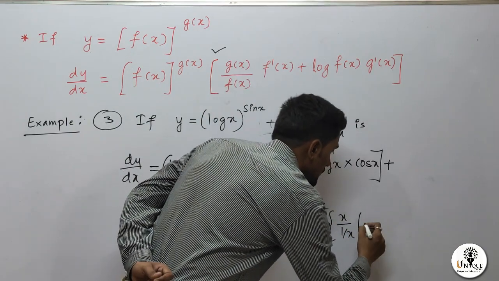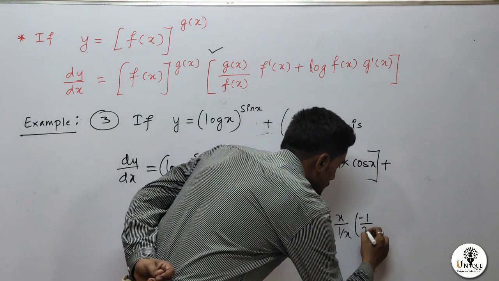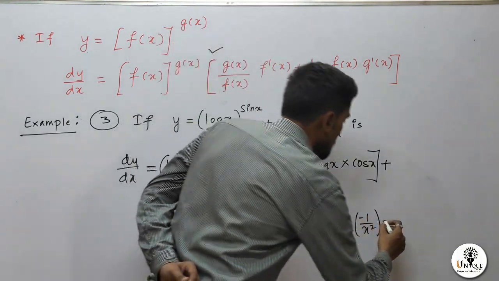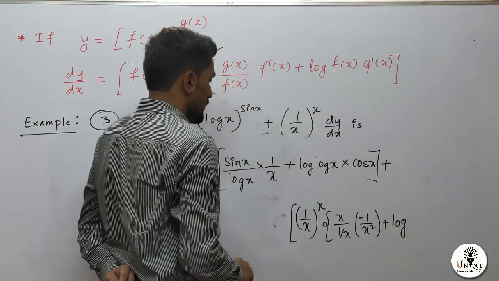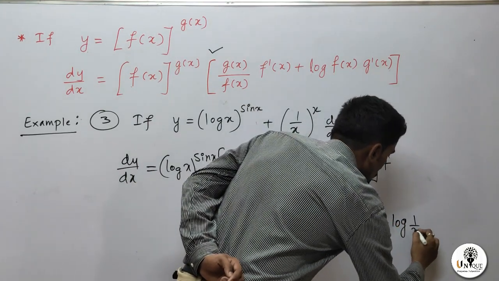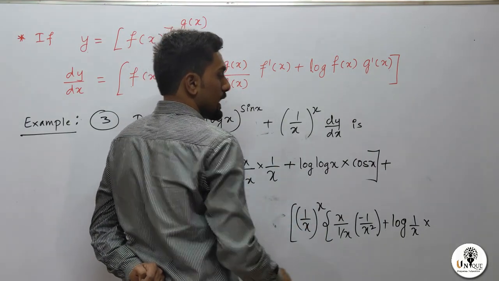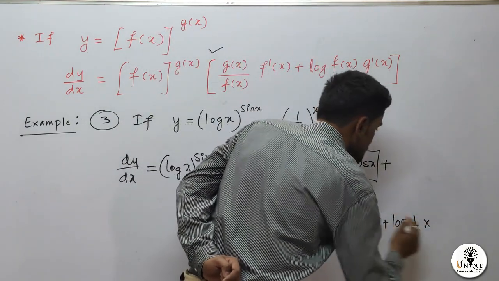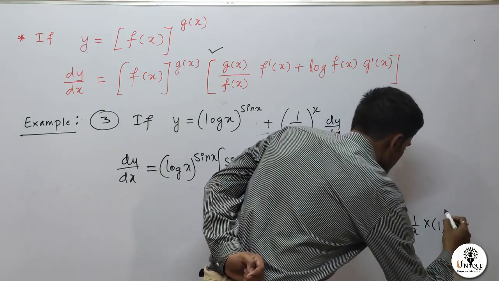So what is the value of differentiation of 1 by x? Minus 1 divided by x square. Next, plus log of f of x. Log of f of x is log of 1 by x, into differentiation of the g of x, that is differentiation of x, 1.